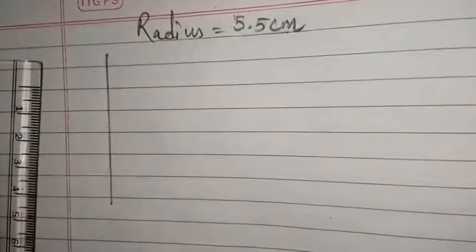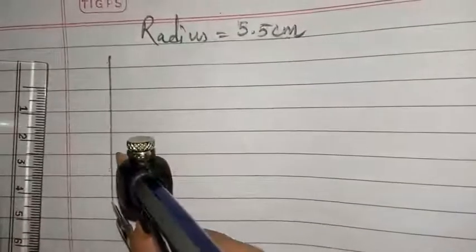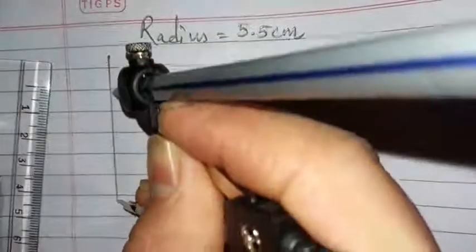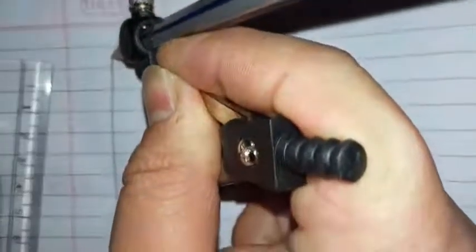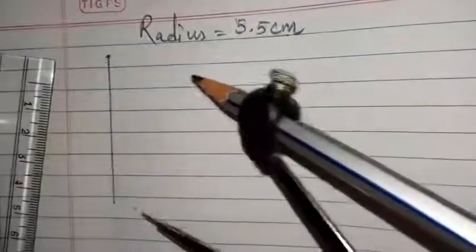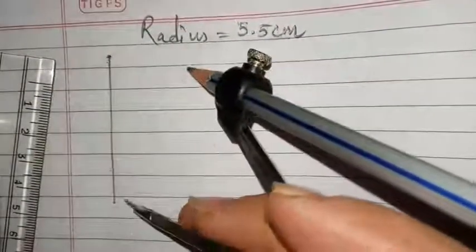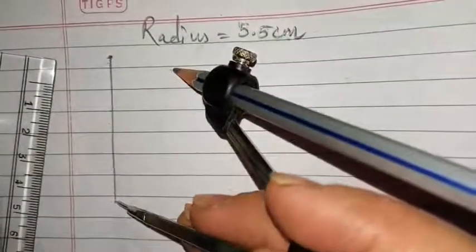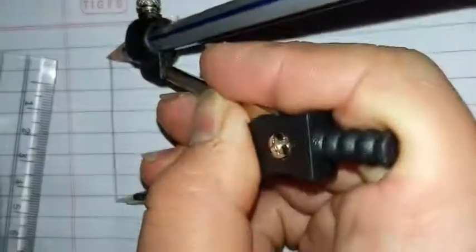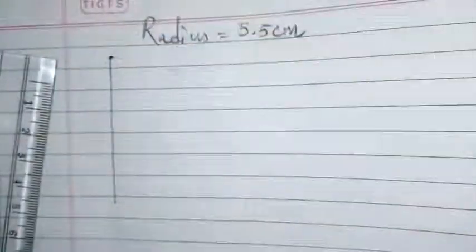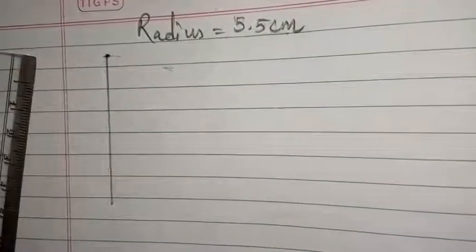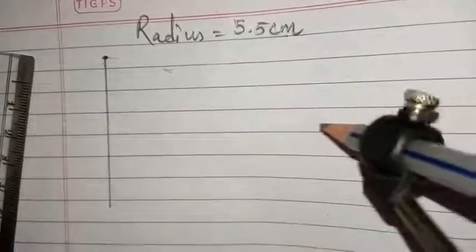Take the measurement of 5.5. So this is 5.5. So now with the help of this, you can expand your compass like this. So remember, this will be a bigger circle, because the radius is quite bigger. The greater the radius, the greater will be the circle also.